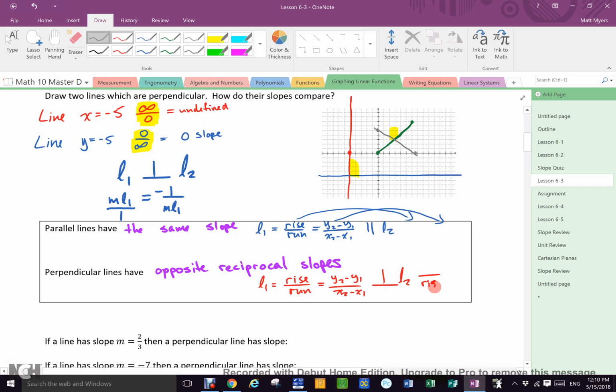Rise would be down there. What would be up here? Run, and it would be negative. And what would happen to these? It would also flip. x2 minus x1 over y2 minus y1, and it would be negative. Is everybody with me? Everyone is good?